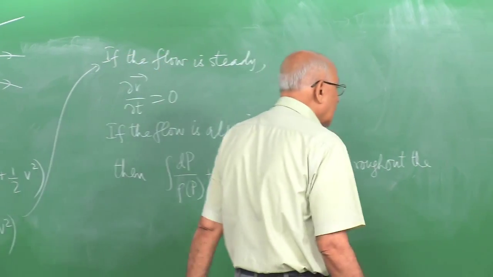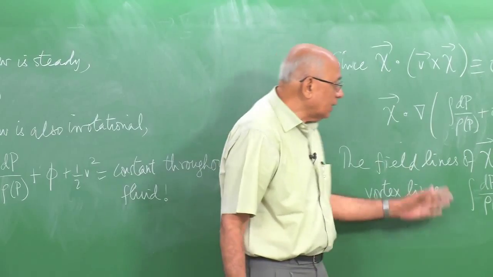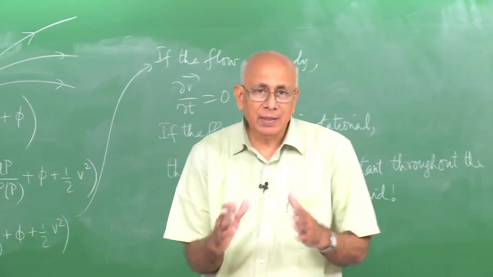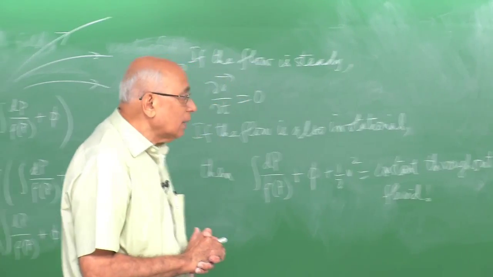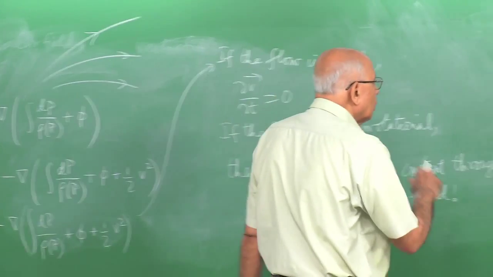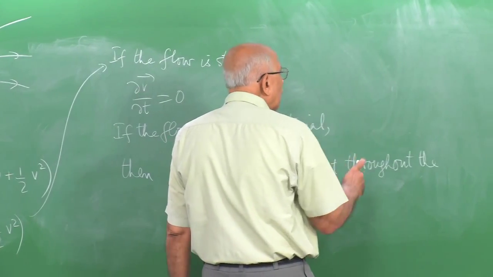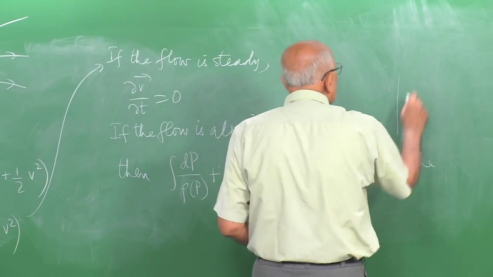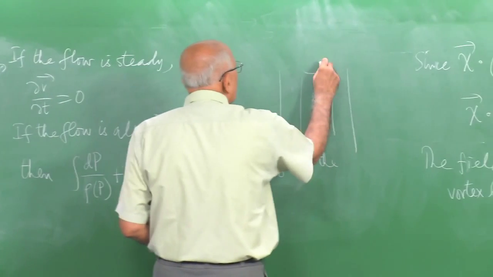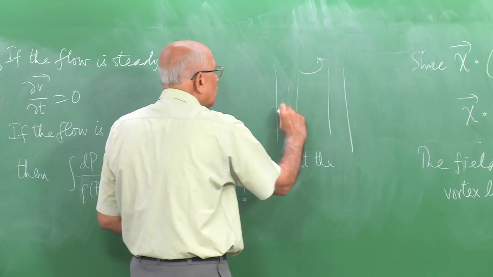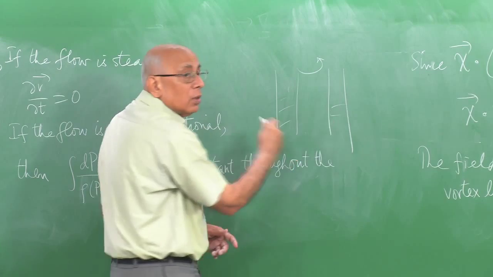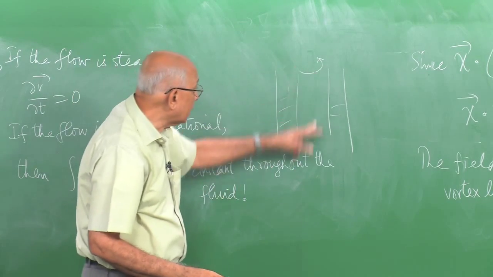And then of course you could ask what happens if the vortex lines and the streamlines exhaust all possible directions in some specific sense. Well, then the whole thing is constant along the entire fluid. This is what happens if you took two concentric cylinders, and you rotated the inner cylinder keeping the outer one fixed and you put fluid between them. Then the streamlines are concentric circles with this center as axis.